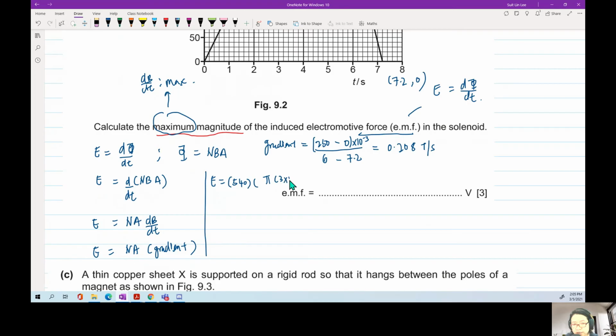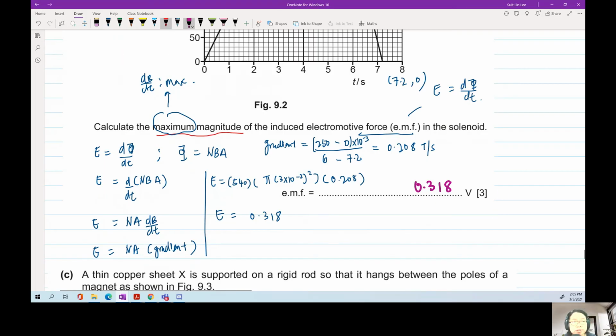The radius is 3 times 10 to the power negative 2, squared. Pi r squared. And then the gradient, which is 0.208. You press your calculator. This is 0.318 volt. So I'll put my answer here, 0.318.